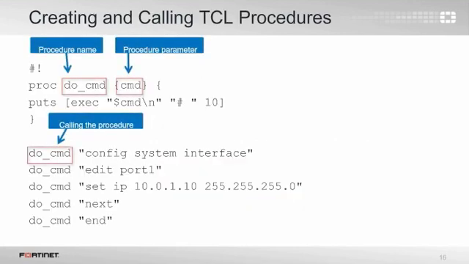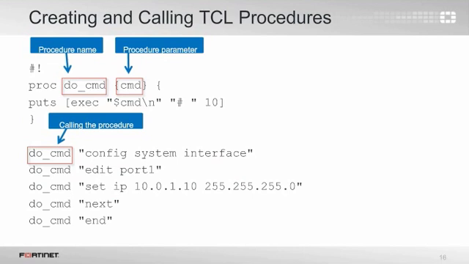If you are executing a command or a group of commands multiple times in a script, you can add those commands to a TCL procedure for simplification. You can pass one or more parameters to a TCL procedure. In this example, we are creating a TCL procedure called do_cmd.